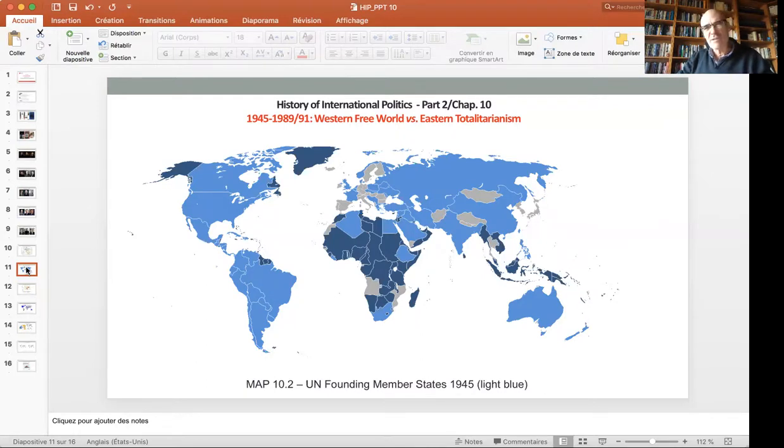Democracy was not a genuine prerequisite of admission to the Society of States, to the United Nations. The states, be they democratic or not, were admitted, and this explains why the USSR was, of course, one of the founding members of the United Nations.